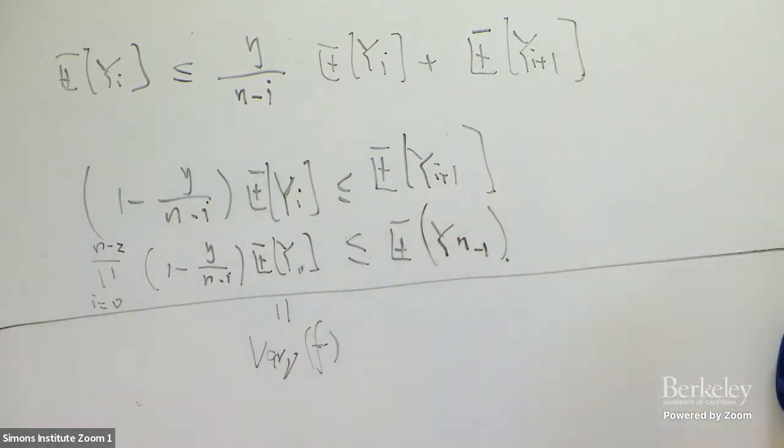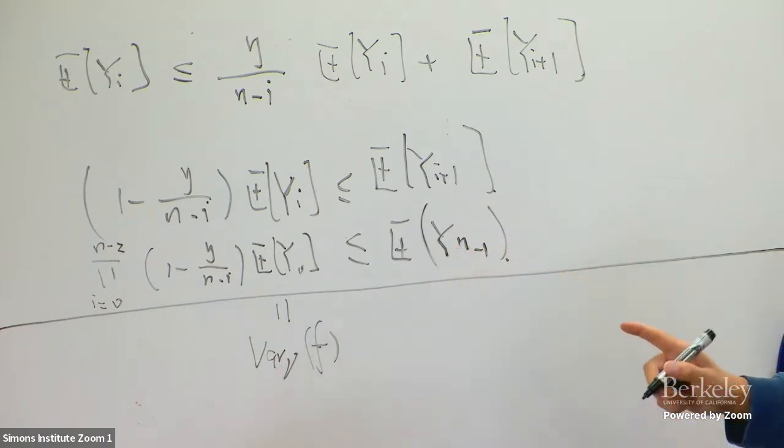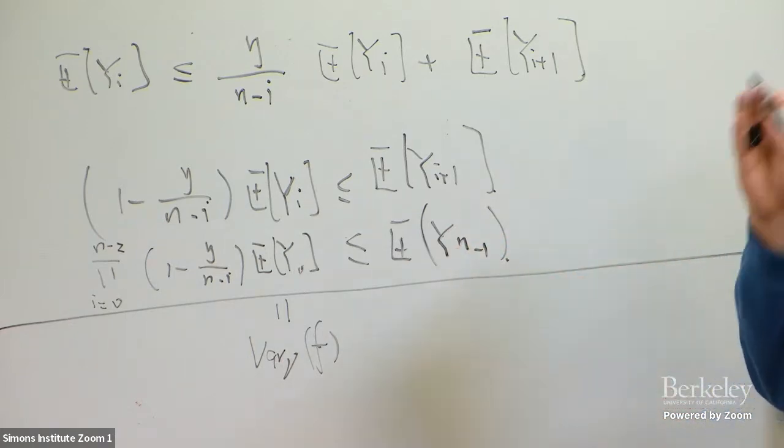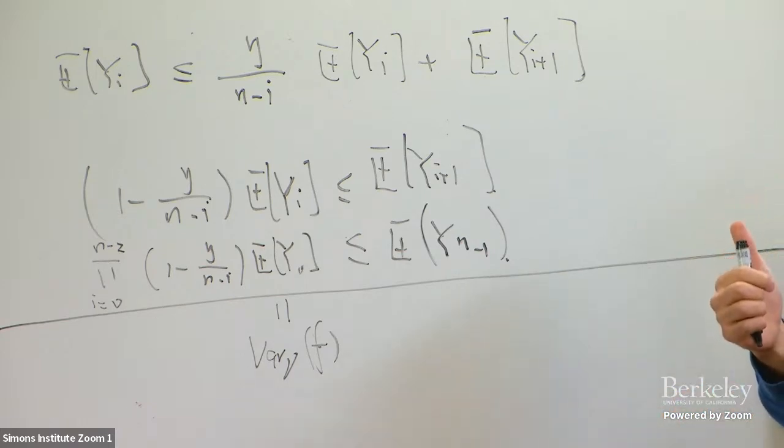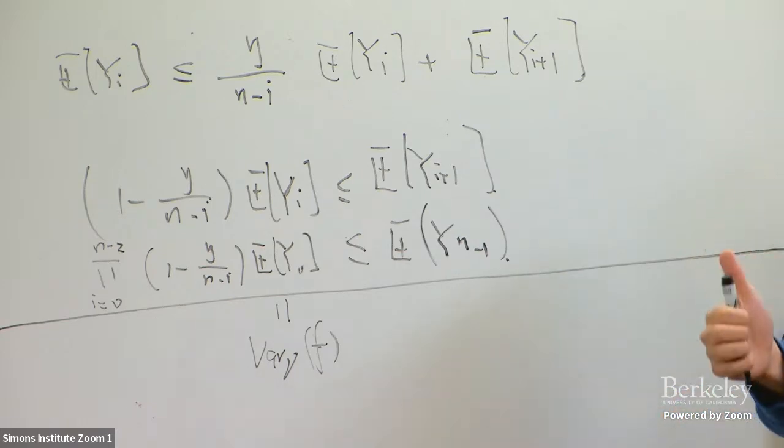And let's look at what happens at time n minus 1. At time n minus 1, you have obtained all n minus 1 coordinates. Only one coordinate is free. If only one coordinate is free, you run Glauber dynamics on it.